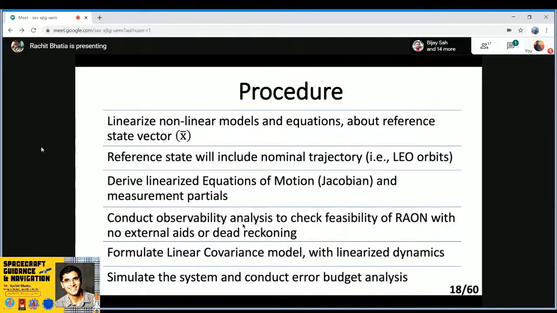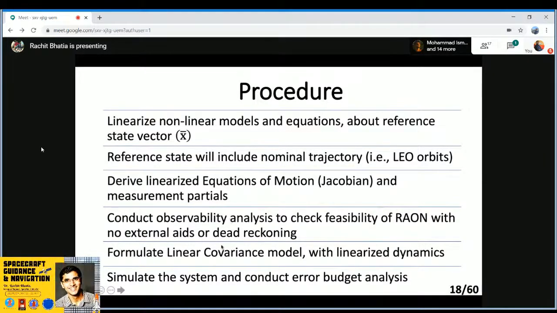I want to estimate position, velocity and orientation of the spacecraft. Can I measure those quantities with the measurements I'm thinking of, or do I need more measurements or different types of measurement? Do I still need GPS? That question will be answered when I conduct observability analysis.